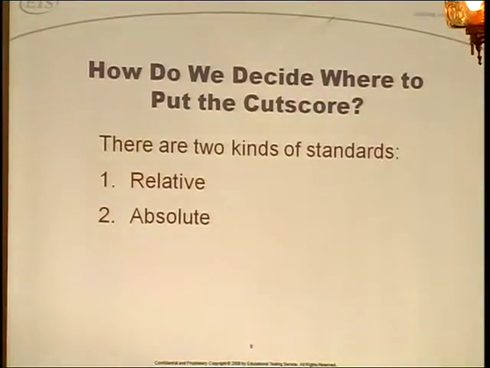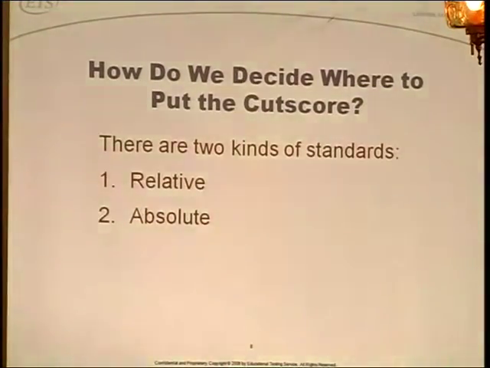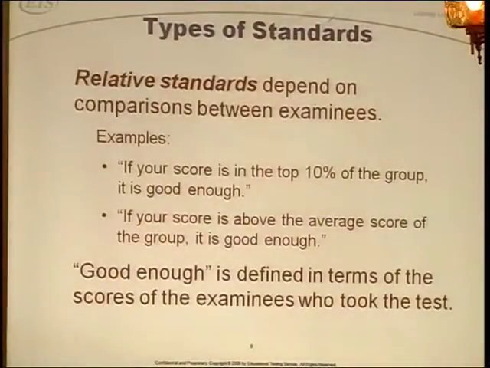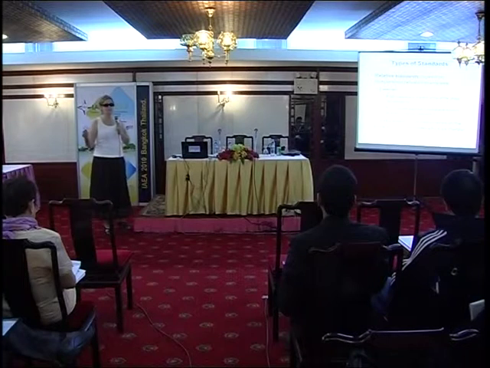So there are two kinds of standards, relative and absolute. In different countries across the world, you may be using one or another or a combination of these kinds of standards. If it's a relative standard, you're compared to other people who took the test. So if your score is in the top percent of the group, then it's good enough.